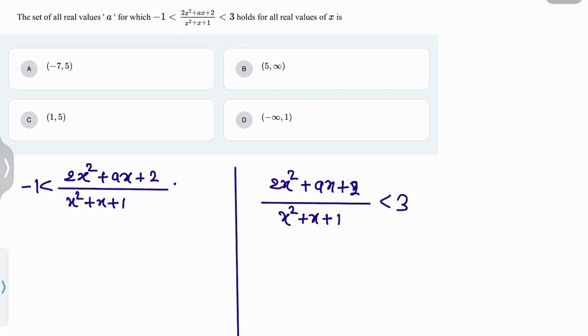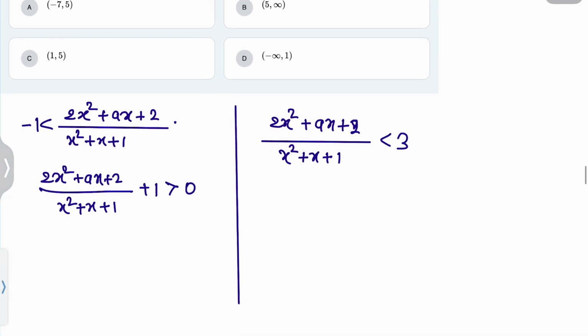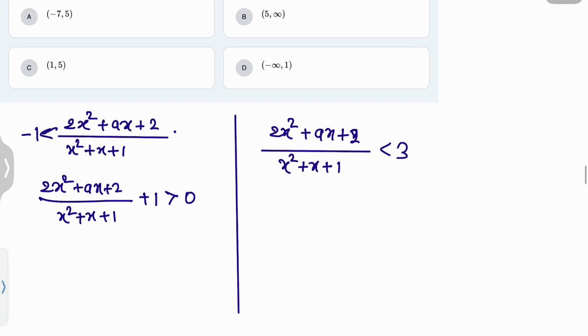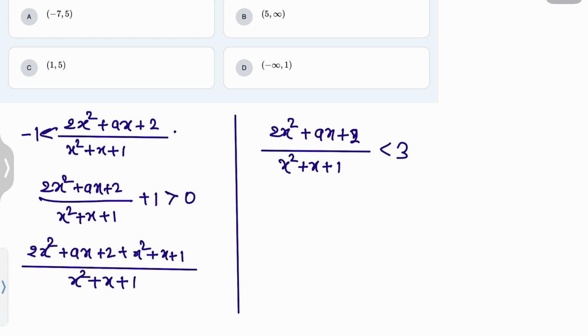So start with the first part. Minus 1 is less than the expression, so substitute that: 2x square plus ax plus 2 divided by x square plus x plus 1, shifting the minus 1 across, plus 1, is greater than 0. That's why the sign is always this one now. So convert, take an LCM: 2x square plus ax plus 2 plus x square plus x plus 1, divided by x square plus x plus 1, greater than 0.